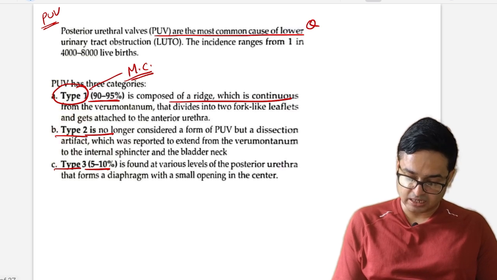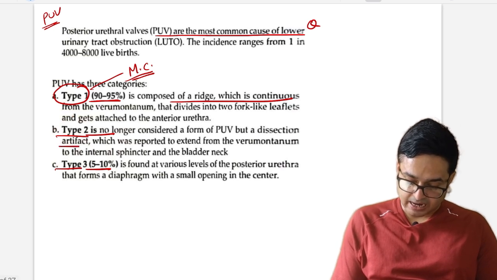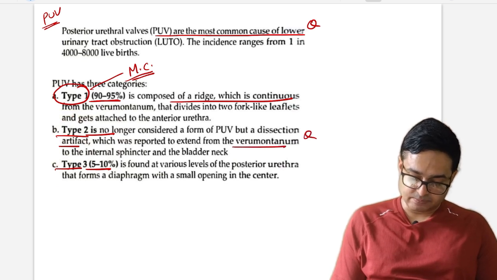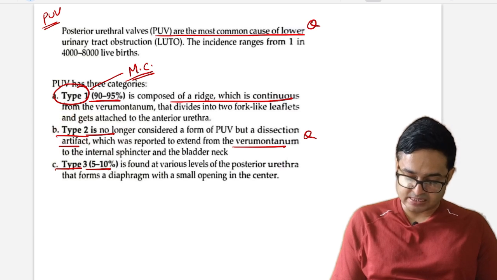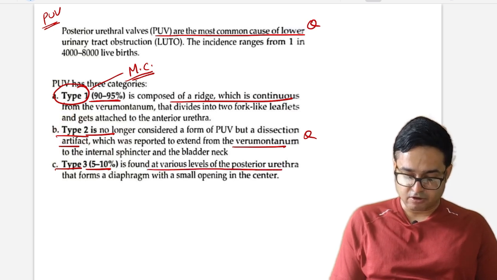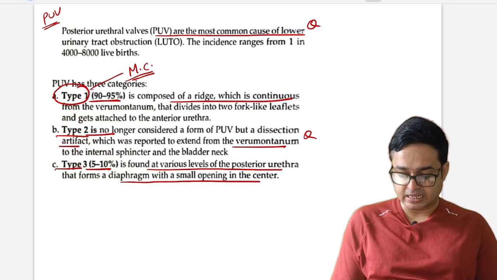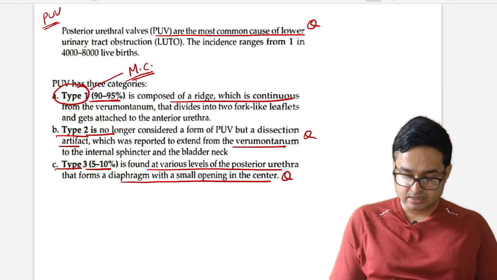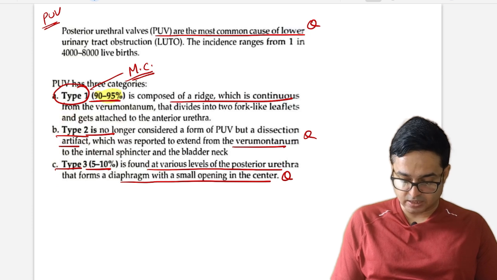Generally it is called an artifact, which extends from the verumontanum to the internal sphincter or bladder neck. And type 3 is found at various levels of the posterior urethra and forms a diaphragm with a small opening in the center. So you have to remember all this because this has been asked in the exam. Type 2, type 3.